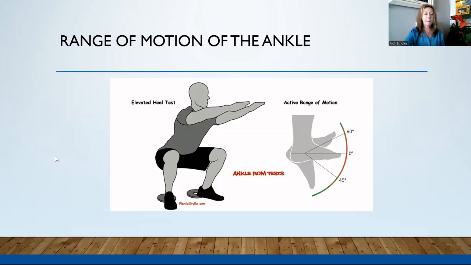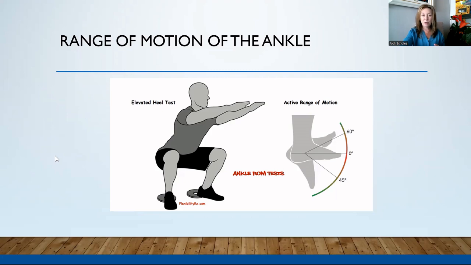And for a physical therapist, there are range of motion tests for the ankle. And also, you cannot do a proper squat unless you have good ankle flexibility. So again, pieces of the puzzle, right? It hurts when I squat. Where does it hurt? It hurts in my ankles.